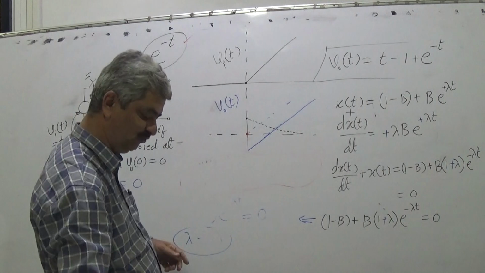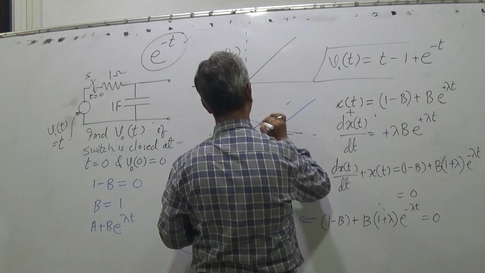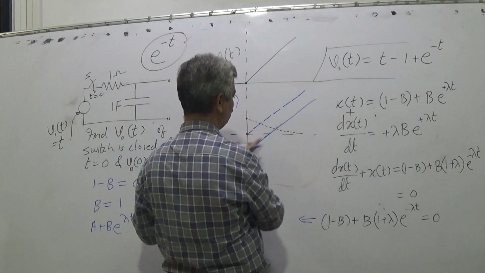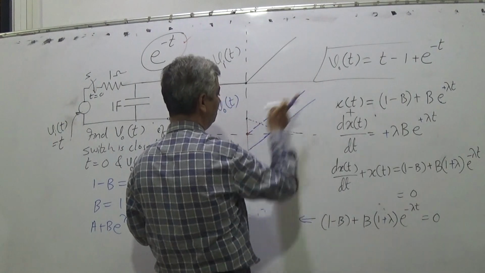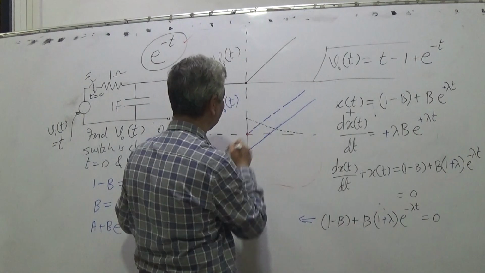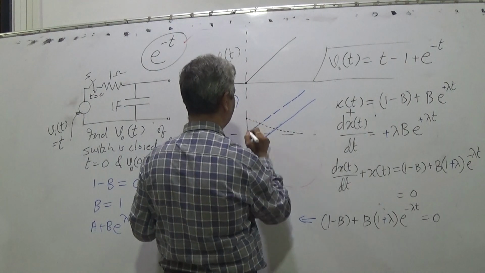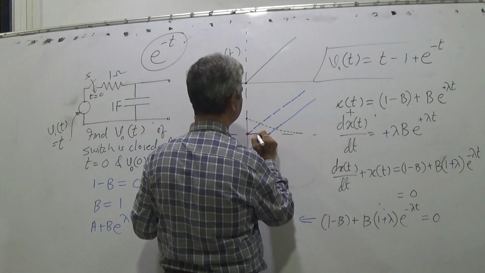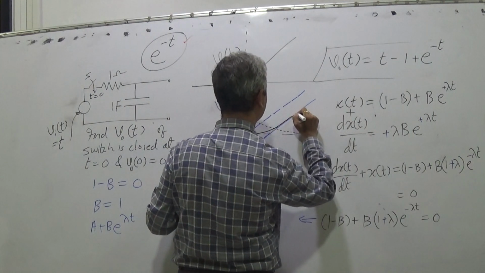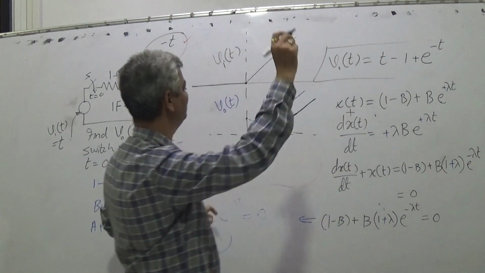If both are taken together, then this is the input x(t). These are two parallel lines, t minus 1, and in that I am adding this. So this graph, they add here 0, and it almost matches this, asymptotically.